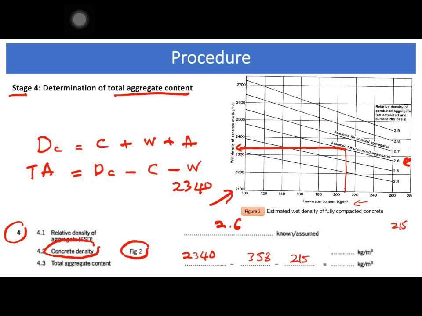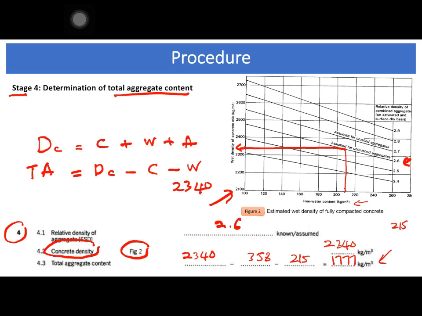So you can calculate the total aggregate as 1732 kg per meter cube. Don't forget to write here 2340.